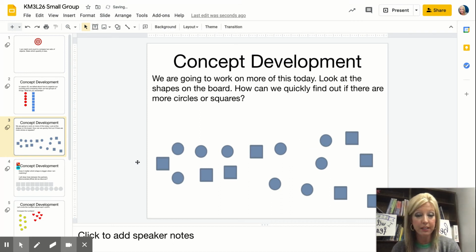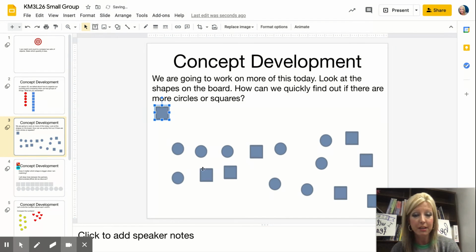Now, are we only left with circles and squares? Yes, we are. So let's go ahead, and we talked about some of those things that we can do to make this easy and organized. So what should we do? Very good. Let's put them into rows. So I'm going to drag my squares into a row. Or you could have done a column.